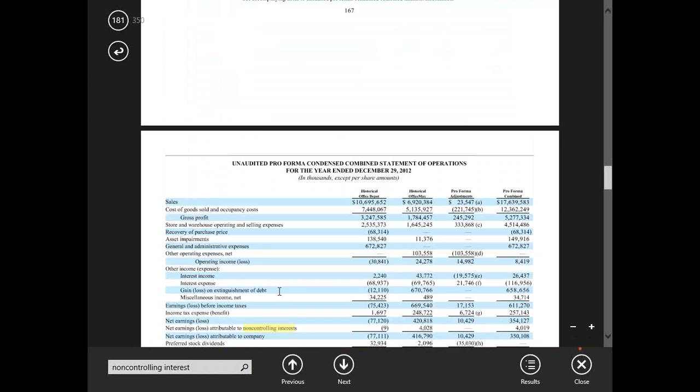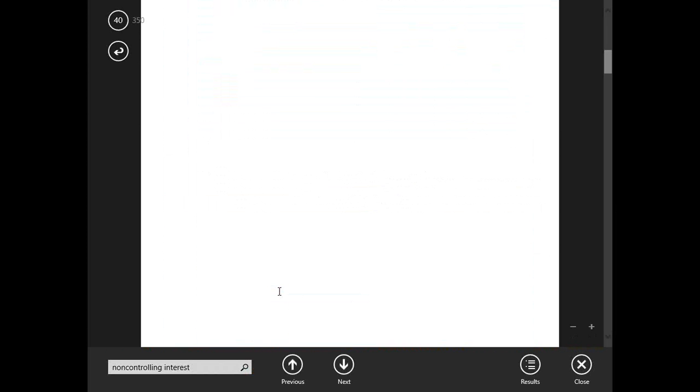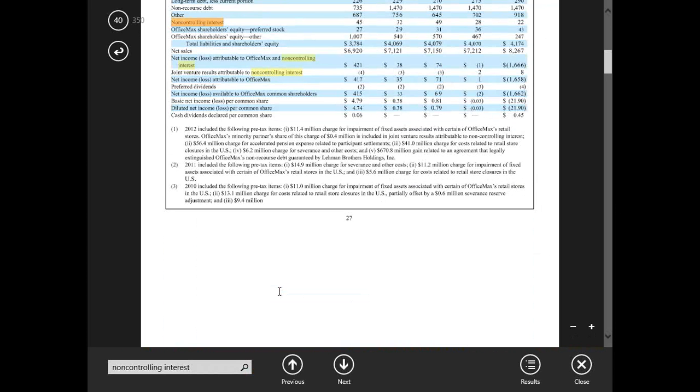There's a note that reads that the company can elect to acquire the minority interest for $43.7 million, on top of the 940.